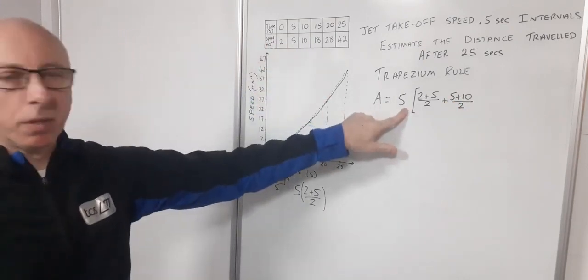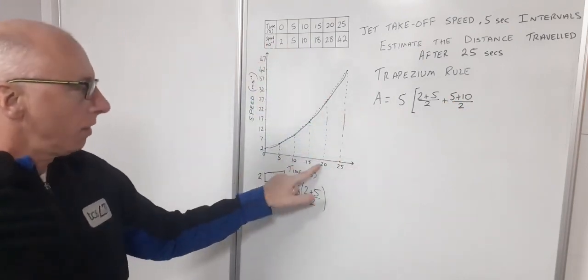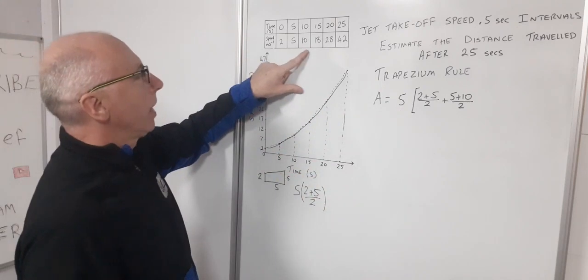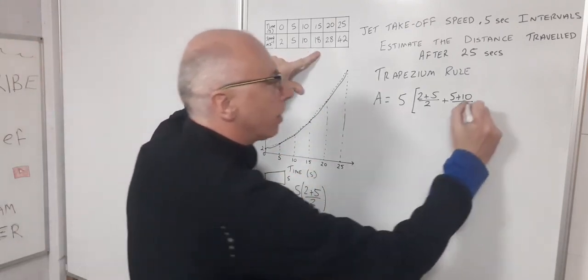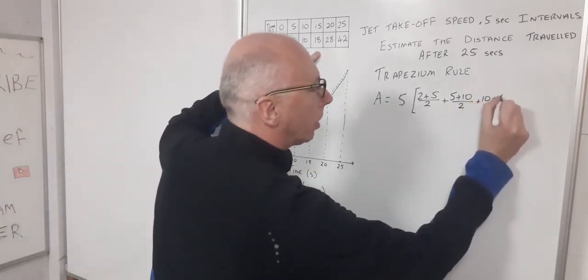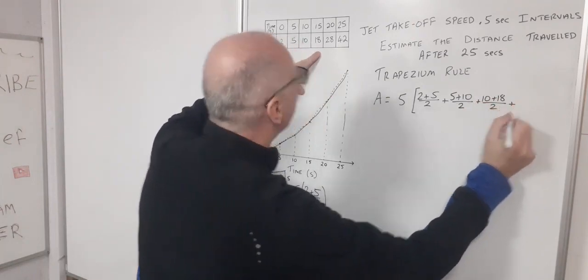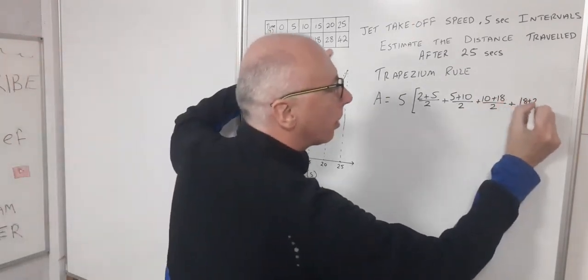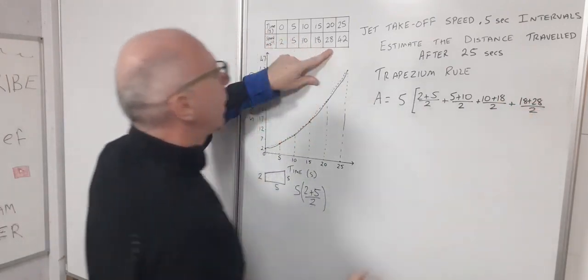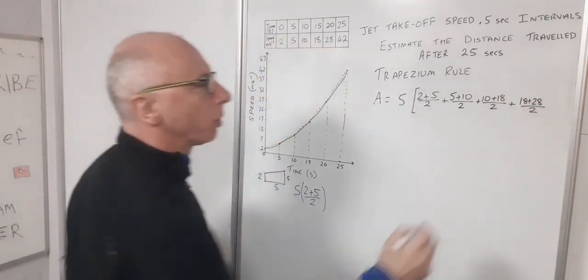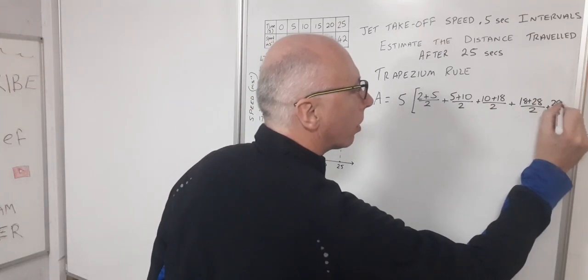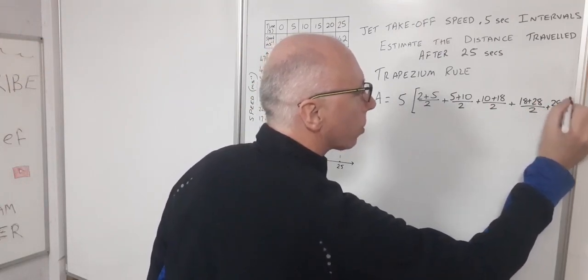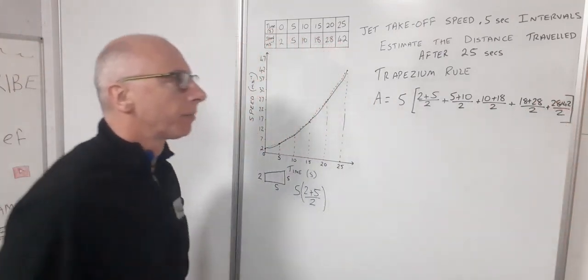We've already got our multiple of 5 because all of these are 5-second intervals. So the next one is 10 to 18, and then half that. Next one is 18 to 28. And the last one is 28 to 42. And just managed to squeeze all of those in.